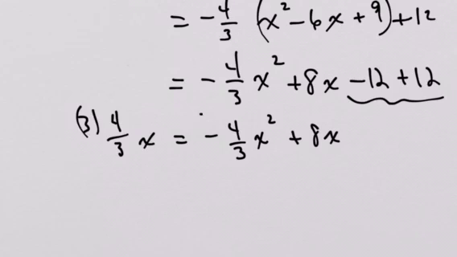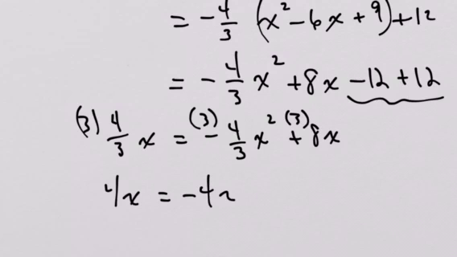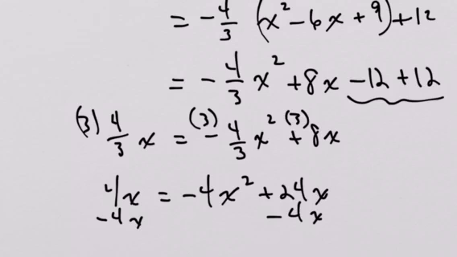Okay, now let's multiply everything by 3 to clear out our fractions. Here's what we get. 4x equals, what do we get? Negative 4x squared? Sure. And then we have plus 24x. Now I'm going to subtract 4x from both sides.